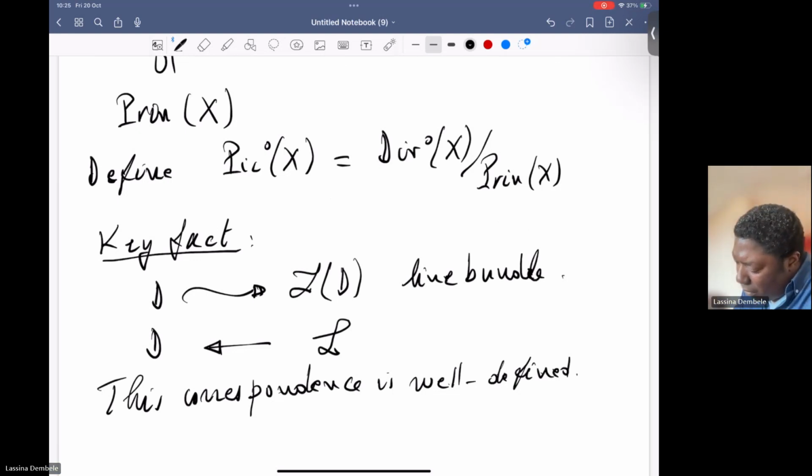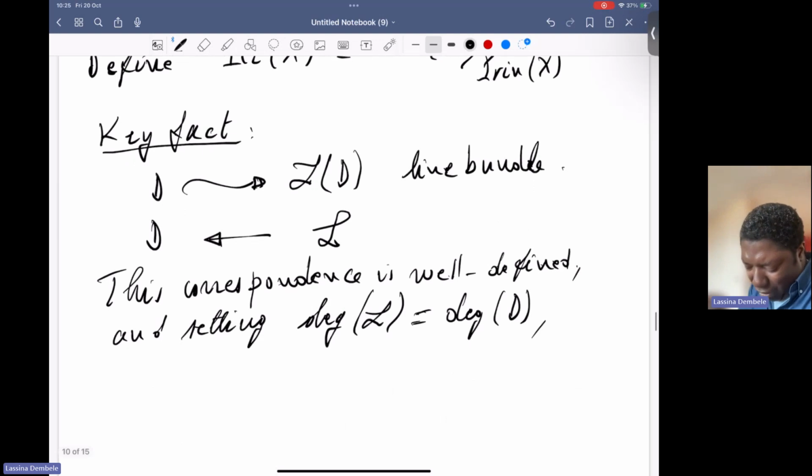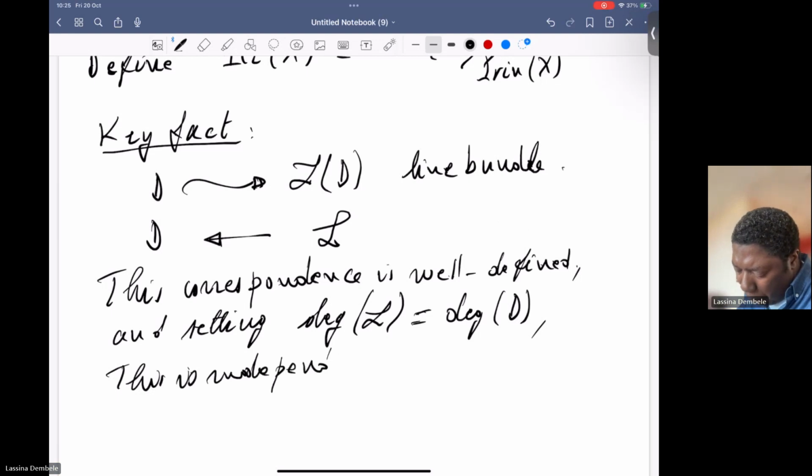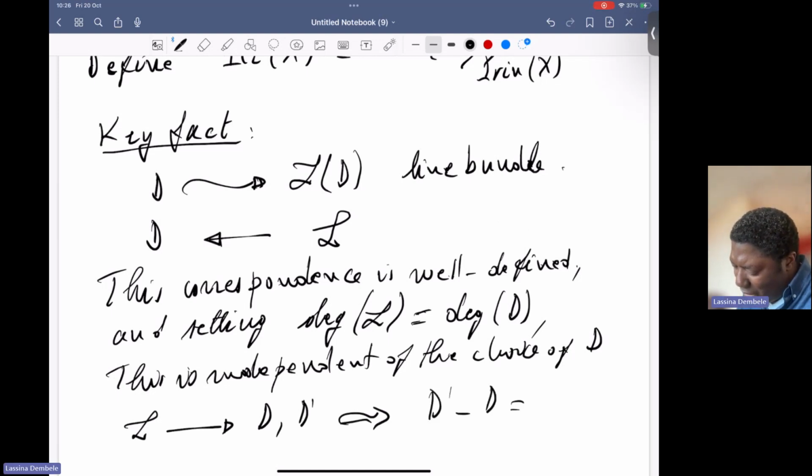If we define the degree of L to equal the degree of D, we see that this would be independent of the choice of D, because if L corresponds to D and D', this would imply that D' minus D is equal to the divisor of some function.